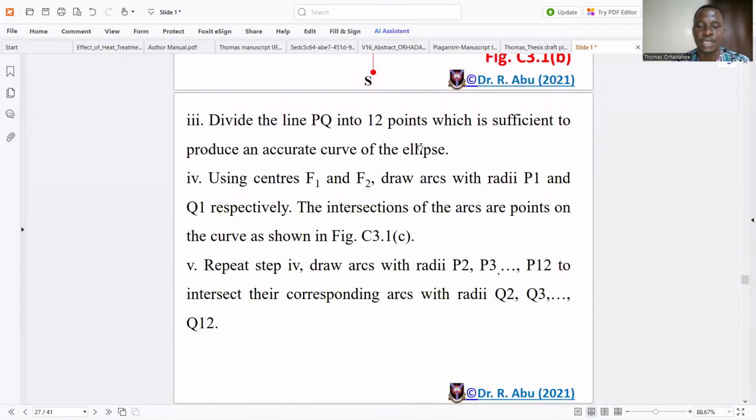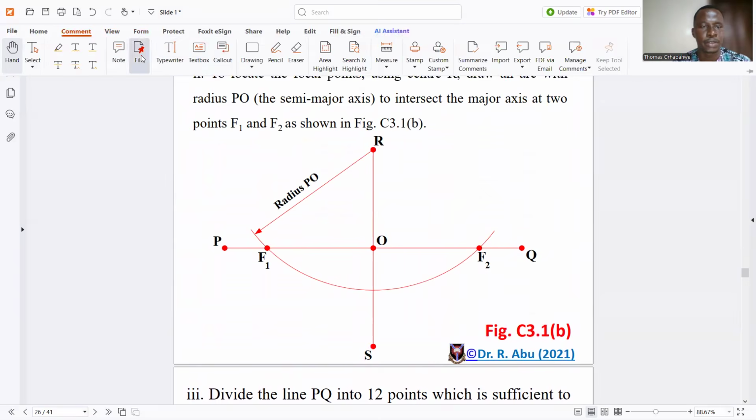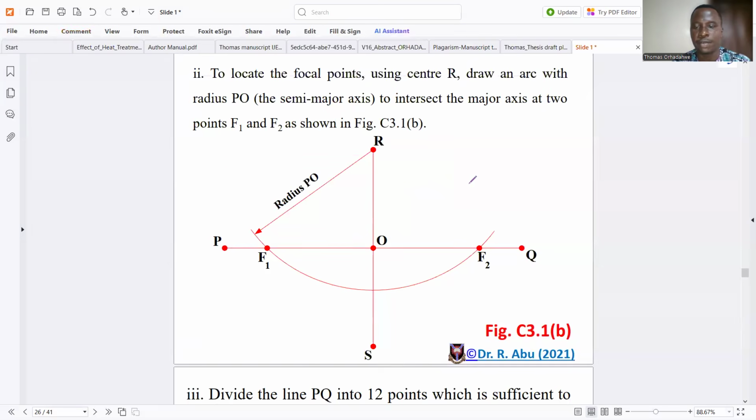At this stage, I will show us how to divide a line. Assuming I have this straight line, and I want to divide it.